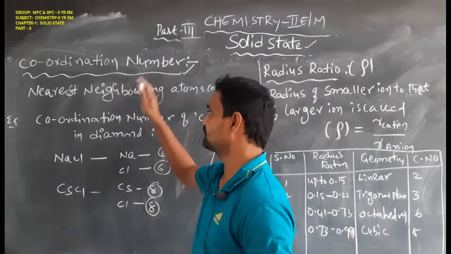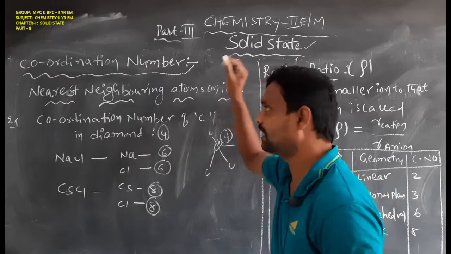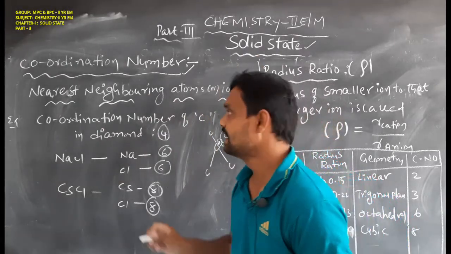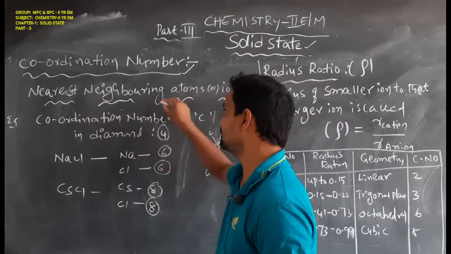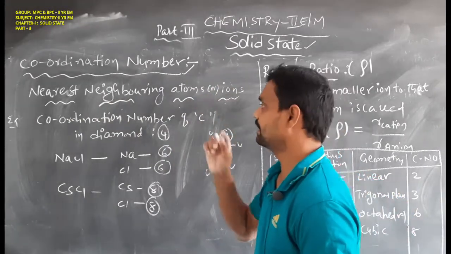So coordination number means the nearest neighboring atoms or ions.